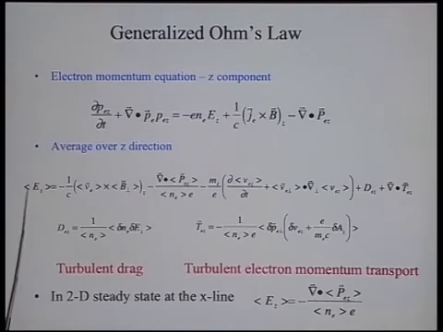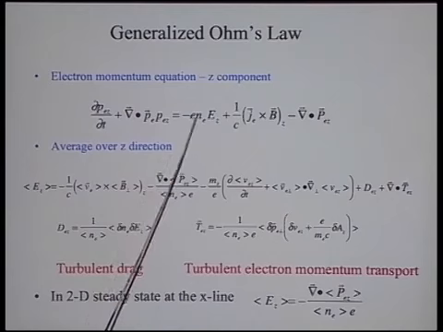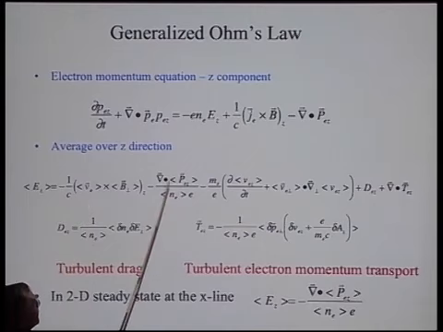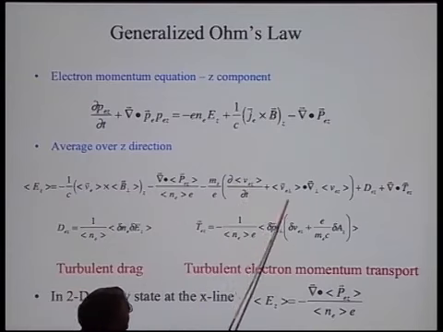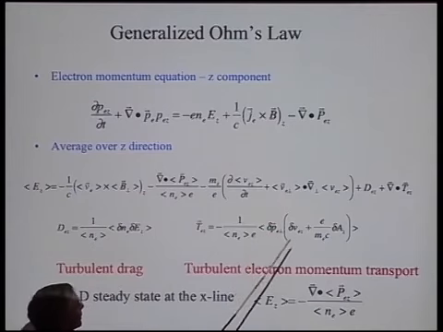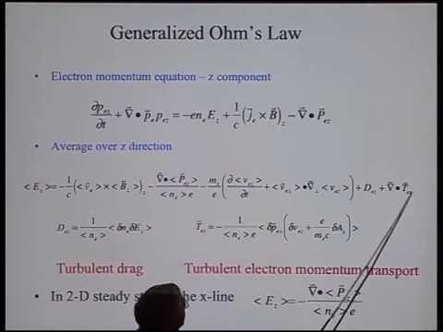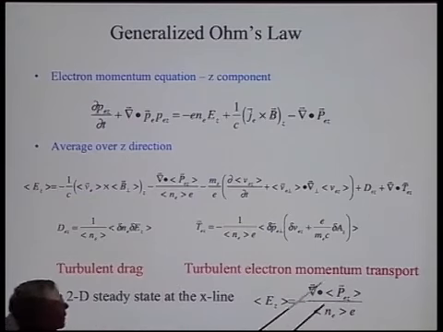And so, okay, here's EZ just from this, and the V cross B. Here's the pressure tensor, and the electron inertia term, and here's the convection terms. And there are 2 additional terms which are important that are associated with the turbulence.